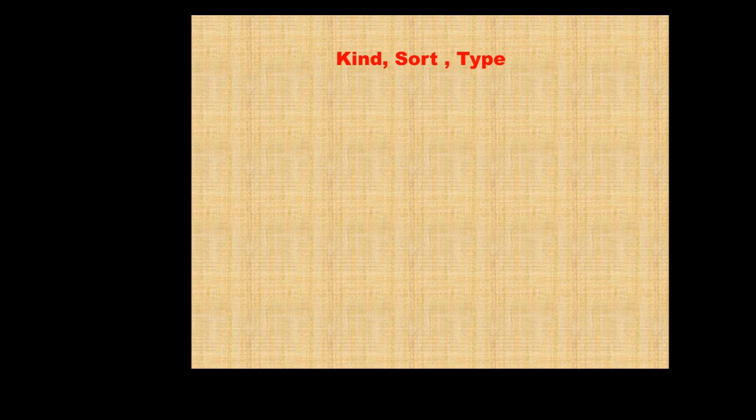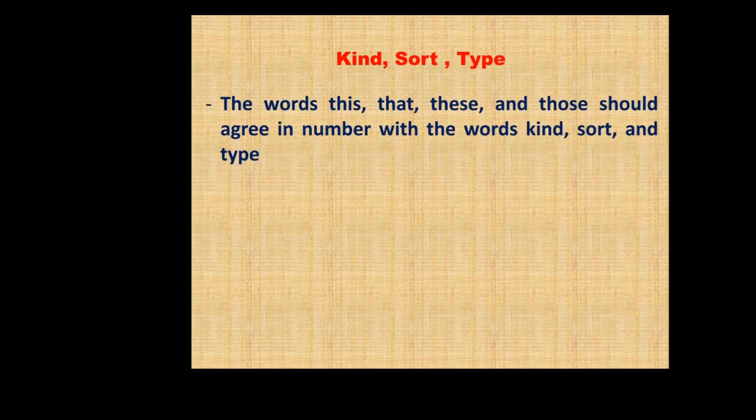Kind, sort, and type. The words we use with them are what? This or that, these or those. That's why this, that, these, and those should agree in number with these three words.